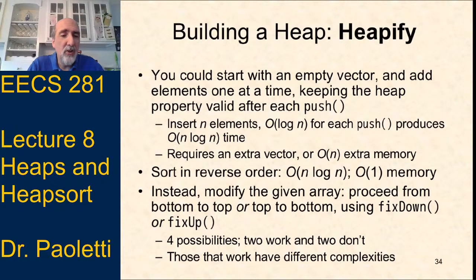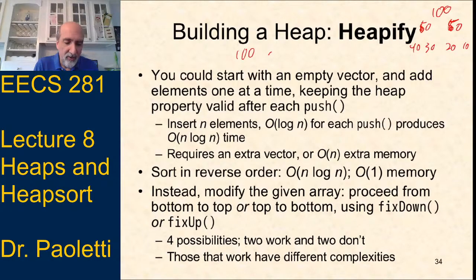What we could do instead is take this and sort it in reverse order. Reverse order sorting would be a heap, right? If I had 100 with children 60 and 50, and 60 has children 40 and 30, and 50 has children 20 and 10, the underlying array would be 100, 60, 50, 40, 30, 20, 10.